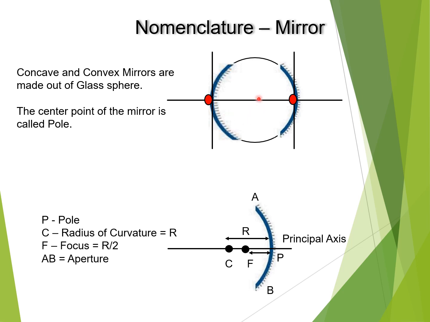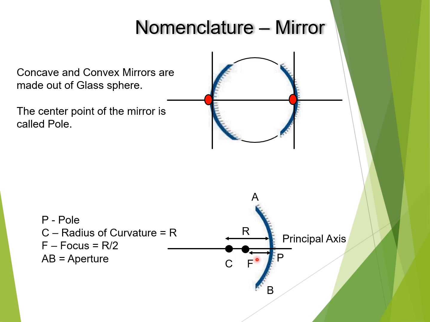So the center of this sphere will be called the center of curvature, and it is denoted by C. And the distance between P and C, pole and center of curvature, is called radius of curvature, R. So C, center of curvature, is a point, whereas PC, radius of curvature, is a distance.